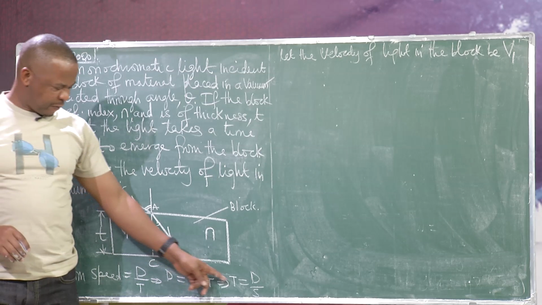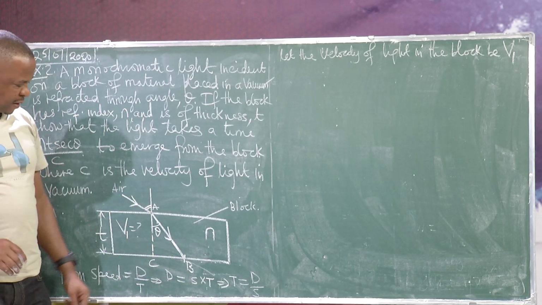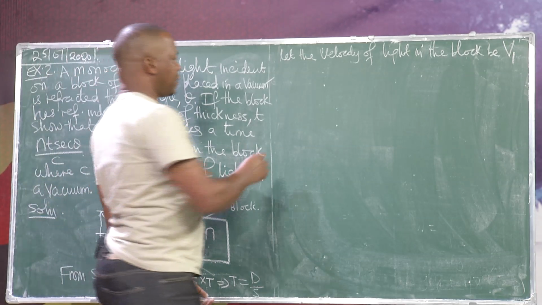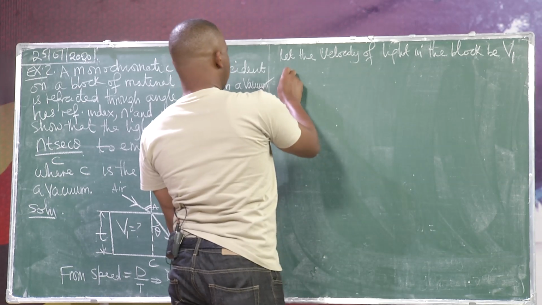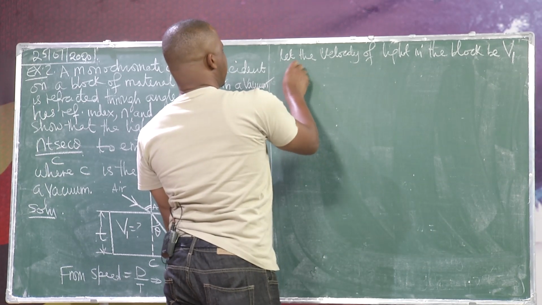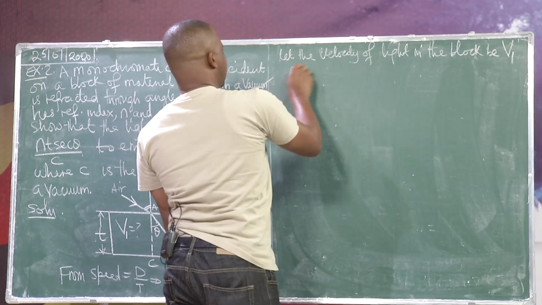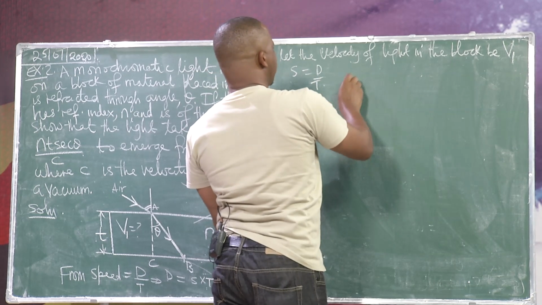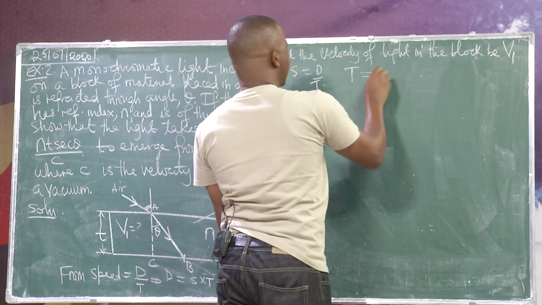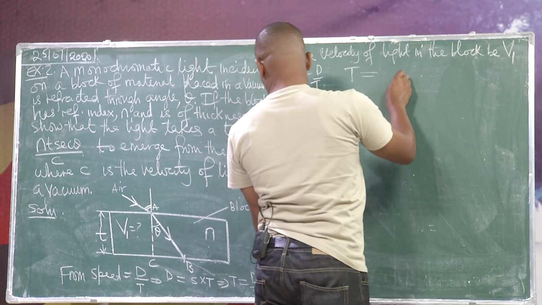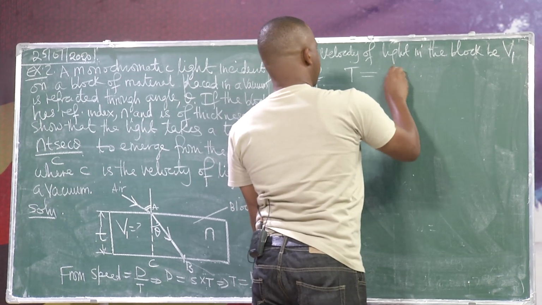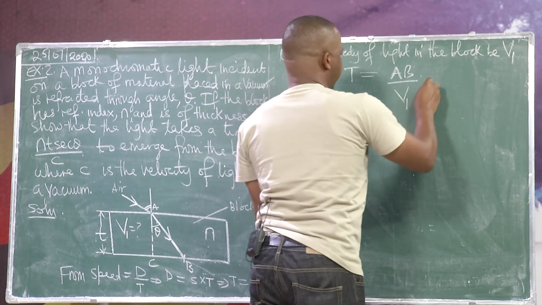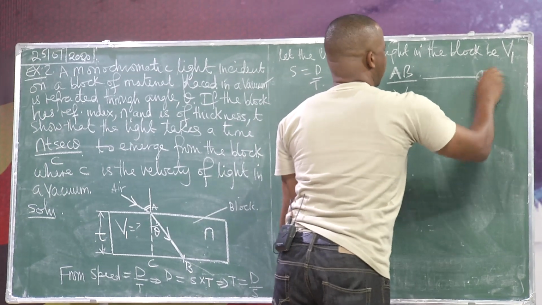I have already simplified that we are interested in distance AB and the time it takes to cover that distance AB. So we shall say from that expression that speed is distance over time. So the time, if it is t, will be the same as the distance, which I'm going to call AB, according to our diagram, over the speed, which I'll call v1. This is the main expression that we need.